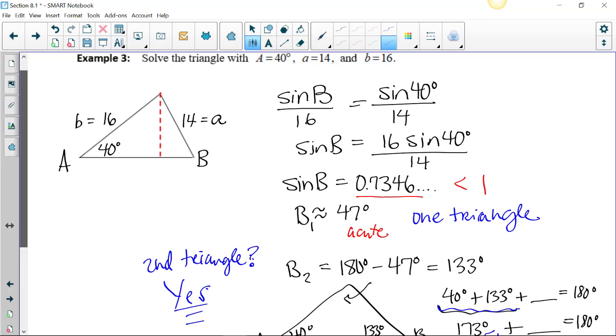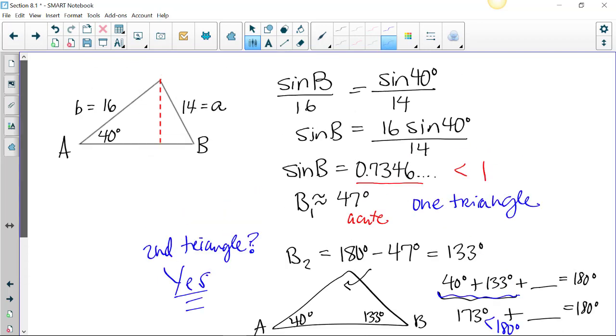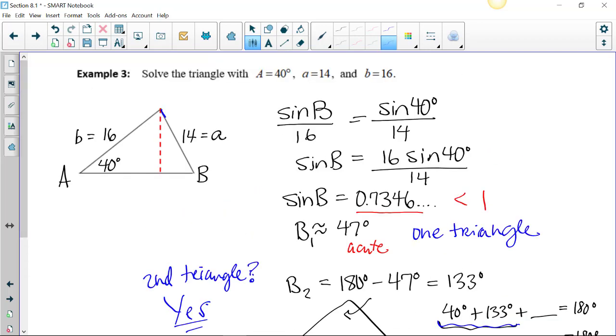What this means is that this side, it's 14. It's long enough to come down here, but it's short enough that if I swing it around this way, it's going to meet down here. So this is my B1, this would be my B2.